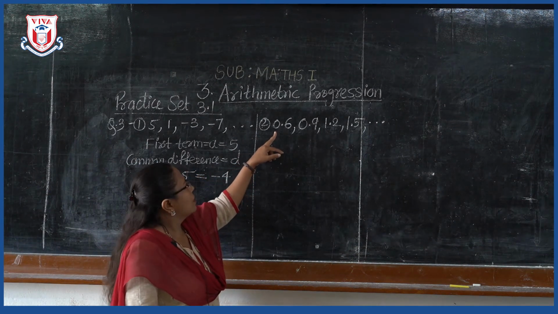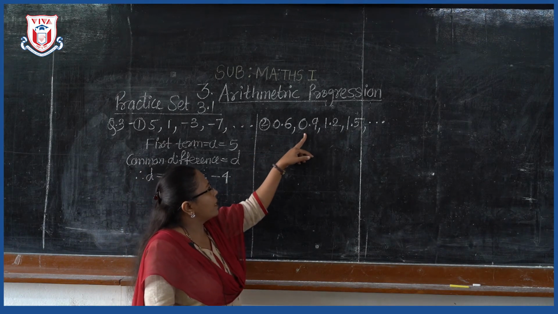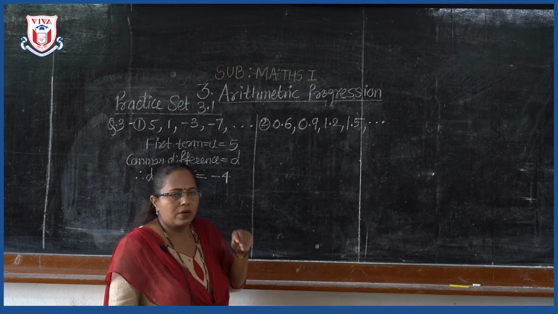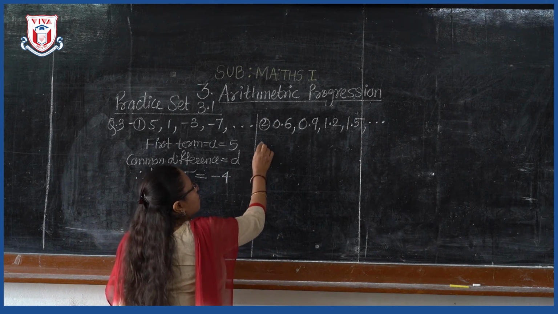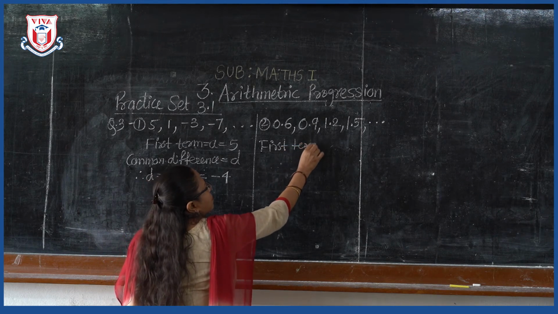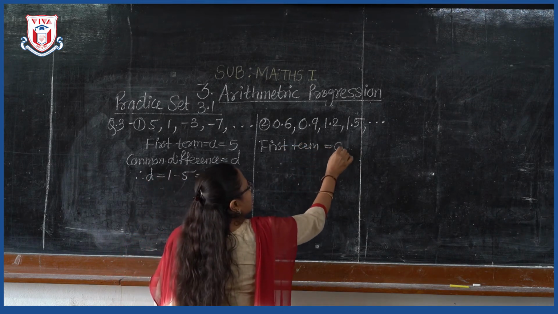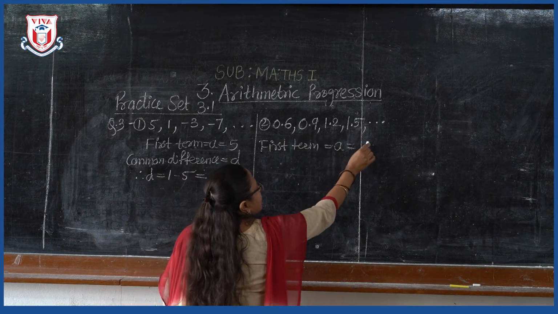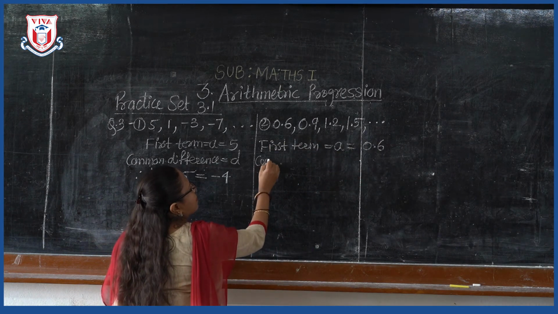Second AP: 0.6, 0.9, 1.2, 1.5 and so on. We have to find out the first term. The first term is denoted by letter A. So here the first term is 0.6. Then the common difference.